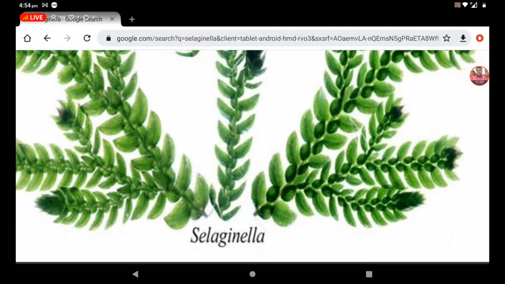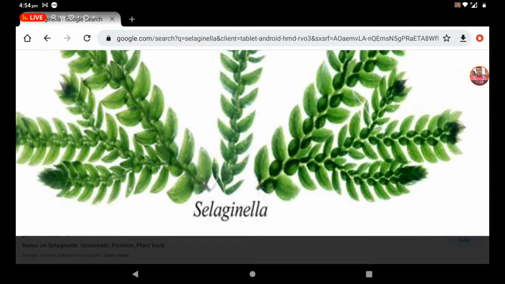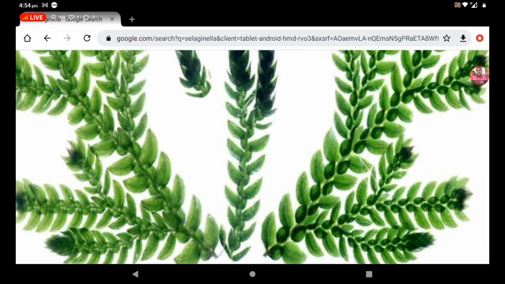So both microphyll and macrophyll are available. Selaginella has a small leaf, an example of microphyll, and large leaves, that means macrophylls, can be seen in the case of fern.